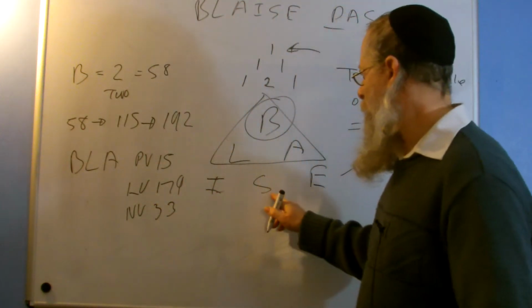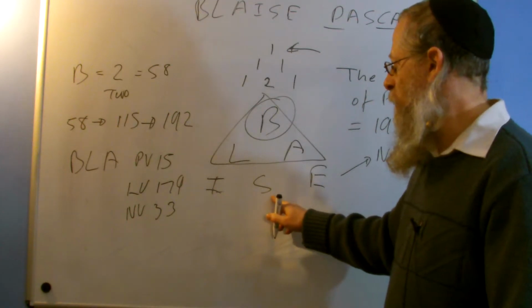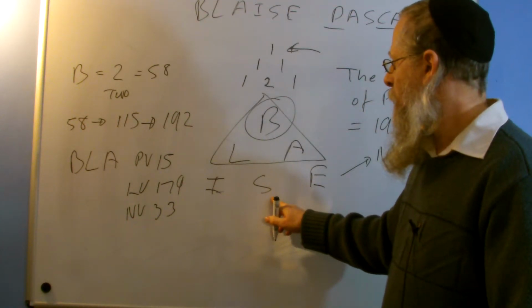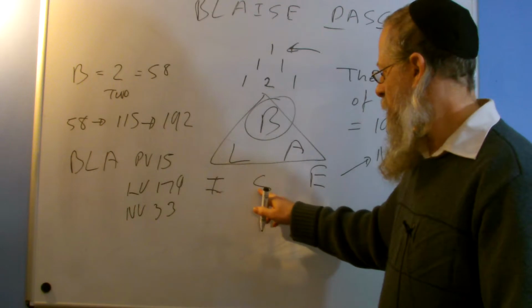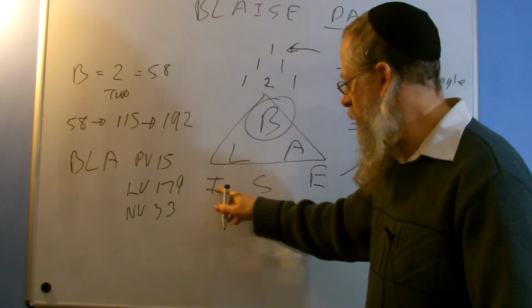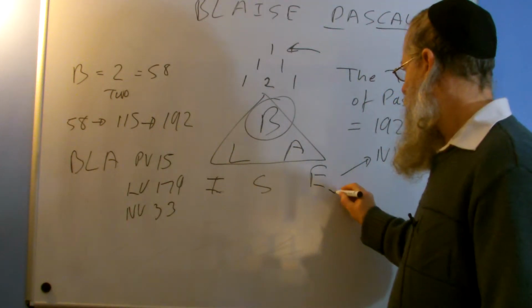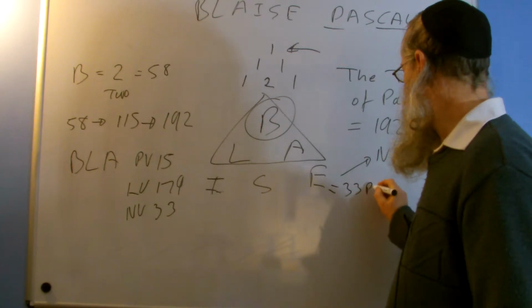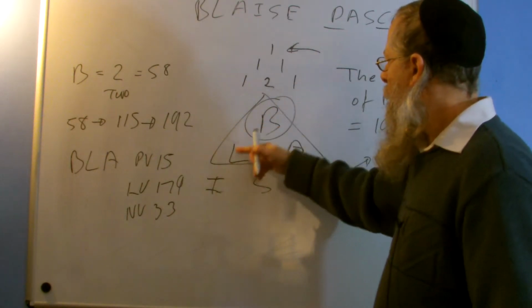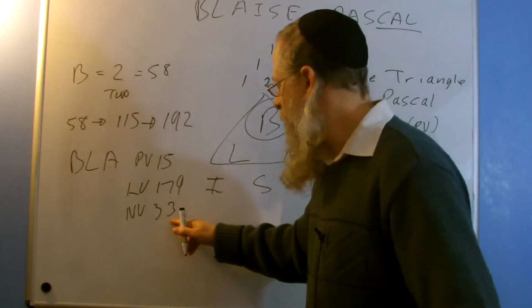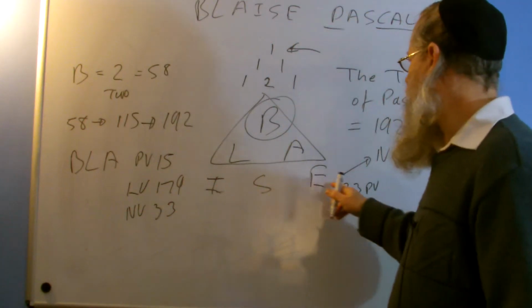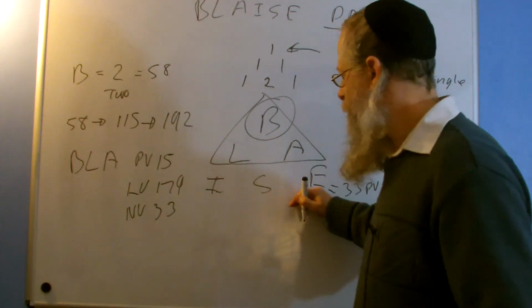Now, remember, the normal value of this, no, it wasn't 33, it was the placement value. That was 19 plus 9 was 28 plus 5 was 33. In other words, BLA has the normal value of 33, which equals the placement value of the base.